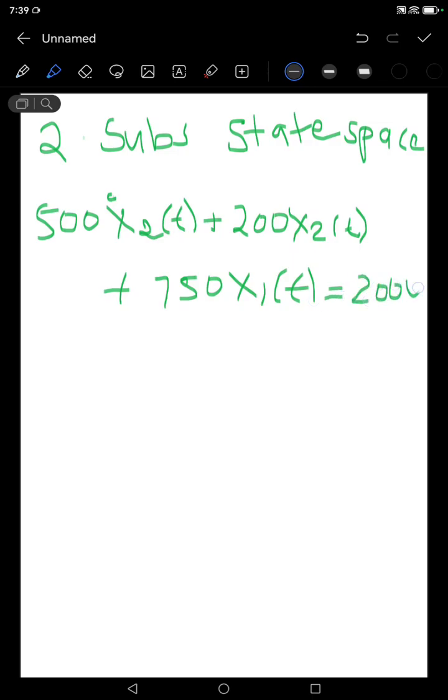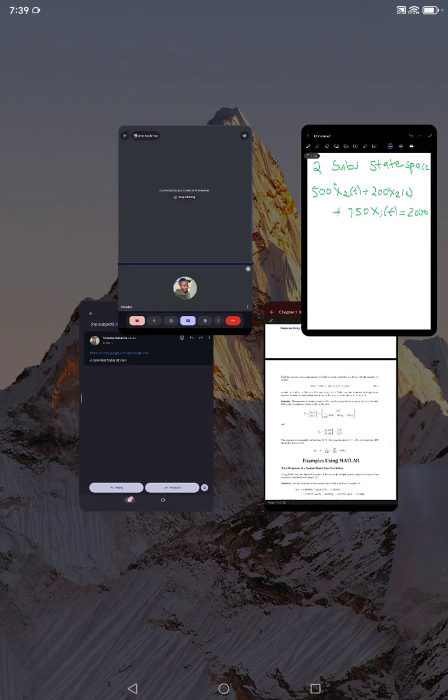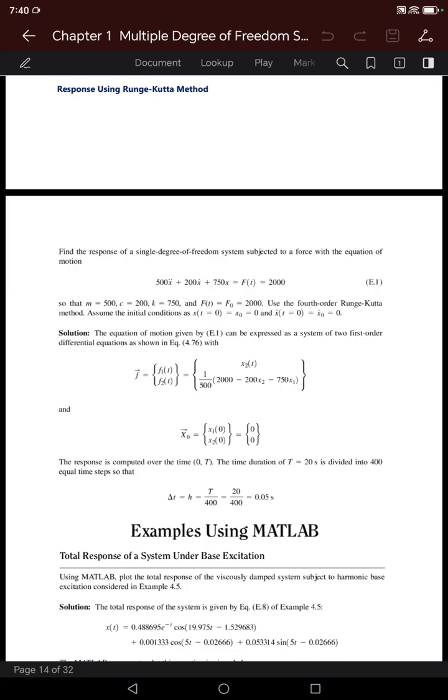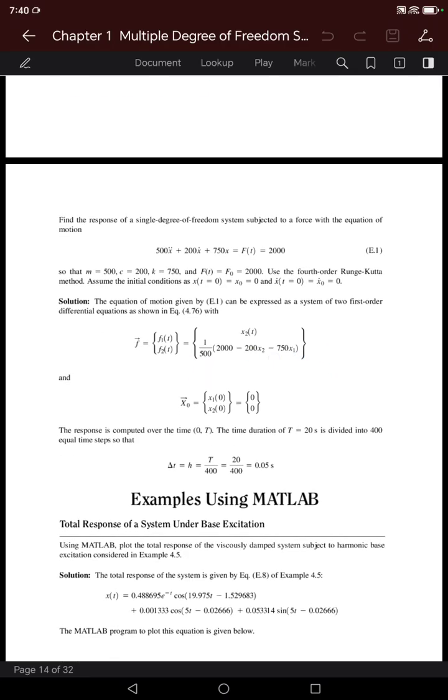To 2000, which is f of t. But there's no need to write the f of t. Here we're just substituting the state space, and then we can write our equation in this form.